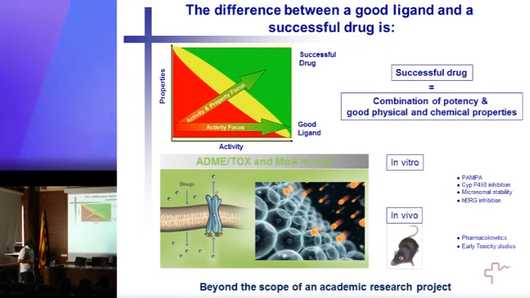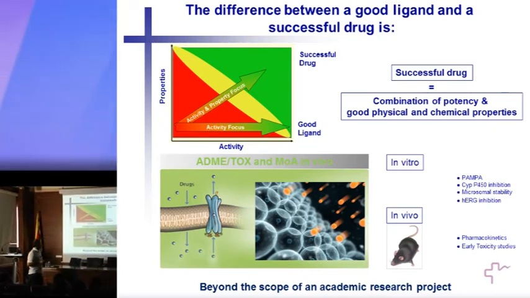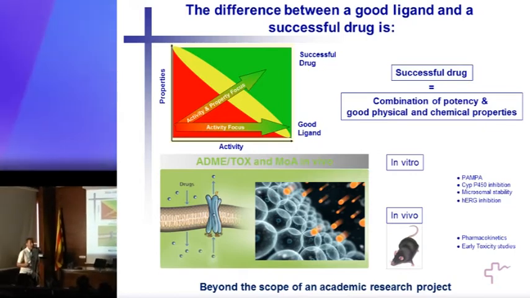However, the difference between a good ligand and a successful drug is that a successful drug is the combination of potency and good physical and chemical properties. And we have actually all the sophisticated tools to analyze these properties, but this part is already beyond the scope of any academic research project.